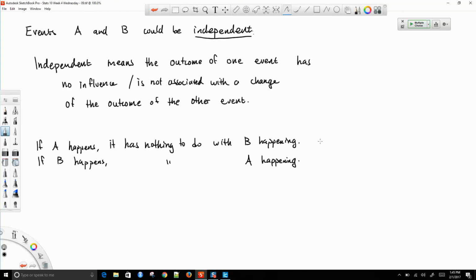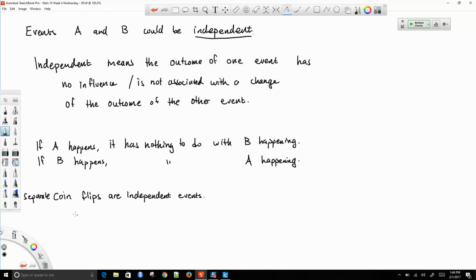So, for example, two separate coin flips, those are independent of each other. The outcome of one coin flip has absolutely nothing to do with the outcome of the other coin flip. Those are independent events. Maybe I should say the outcomes of separate coin flips are independent events.